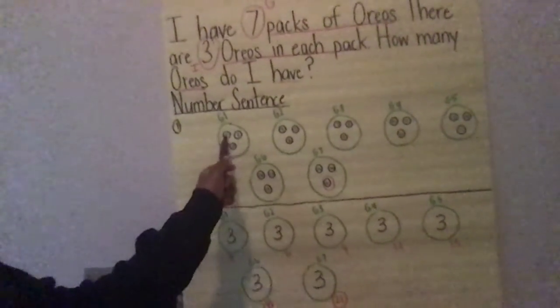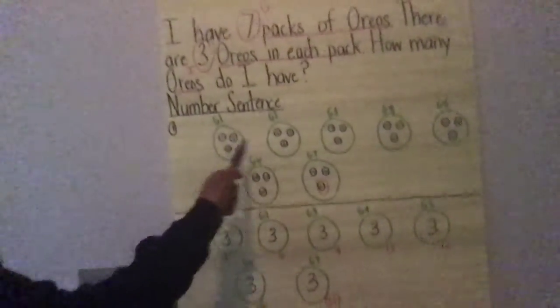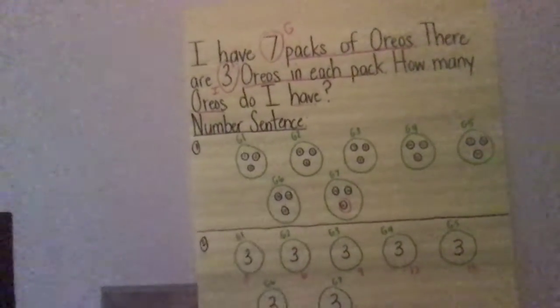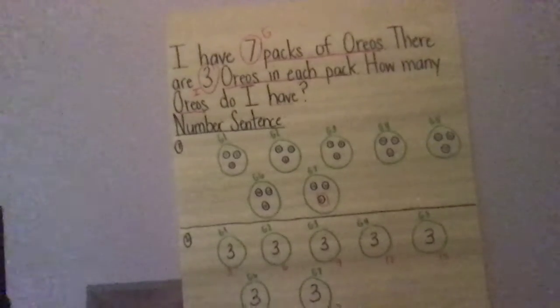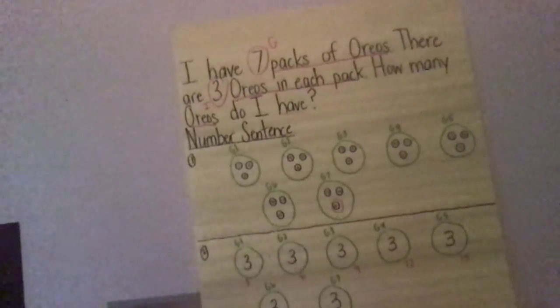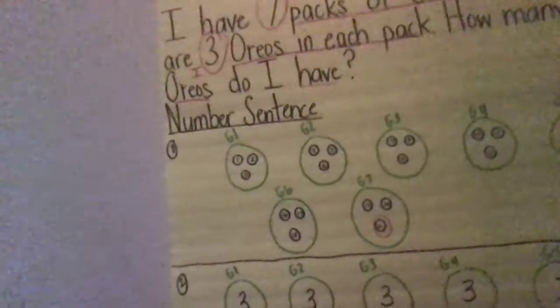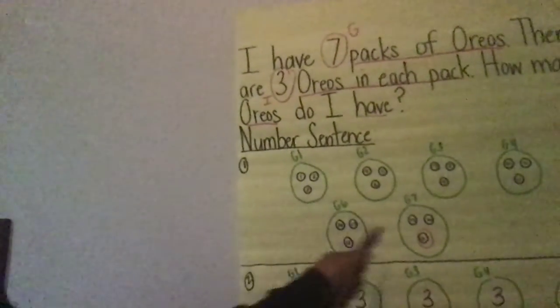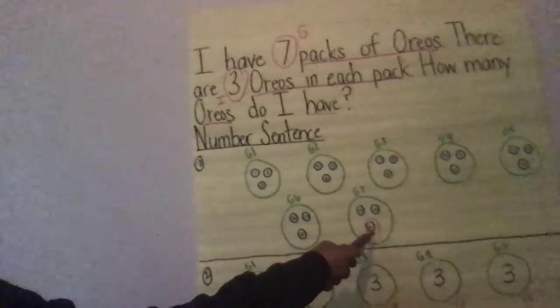So in each pack, I drew 3 Oreos. And then they're asking me to find out how many total Oreos I have. So the first strategy, in order to get my final answer, I just counted each Oreo. I started at 1 and I counted until I counted all the Oreos and I stopped at 21.